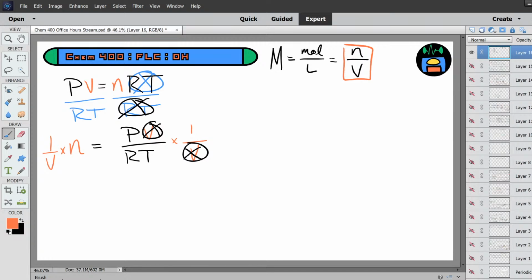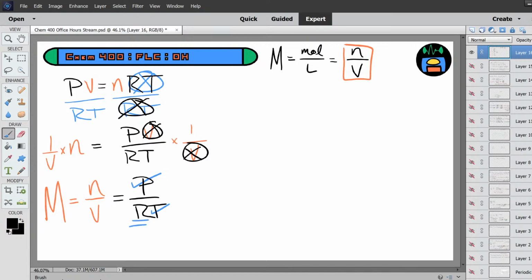And what do I get? I get n over V, moles over volume, are equal to pressure over R times temperature. Now what is moles over liters? That is molarity. And I have, in this problem, been given pressure and temperature, and I always know R.